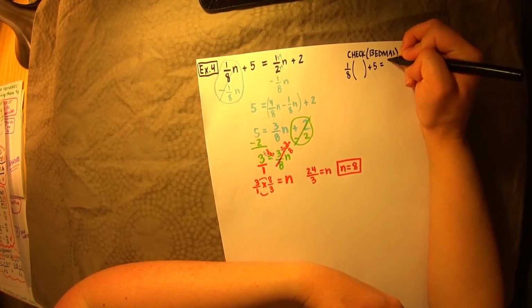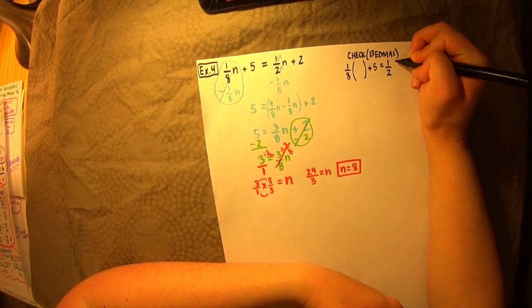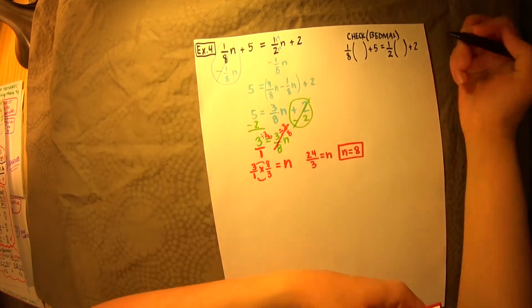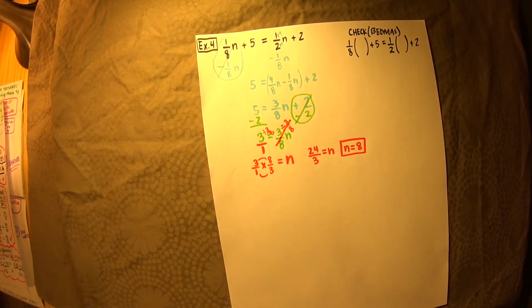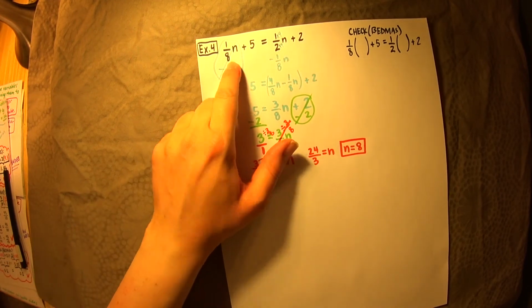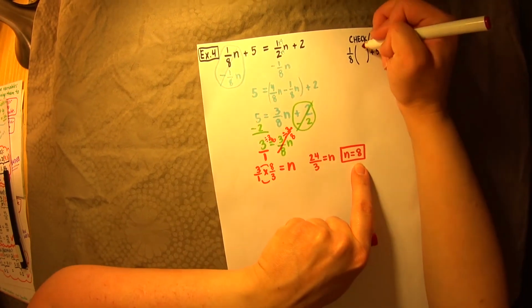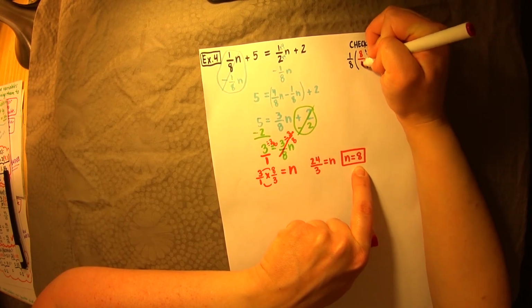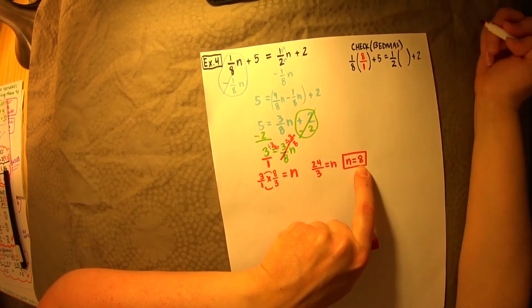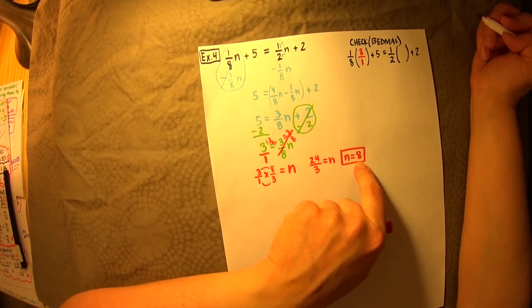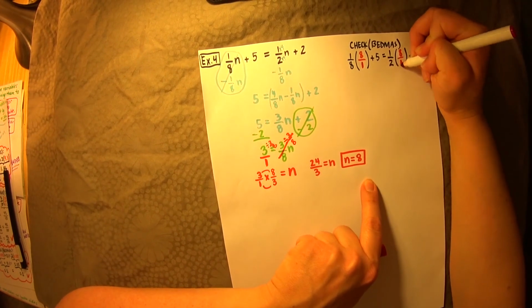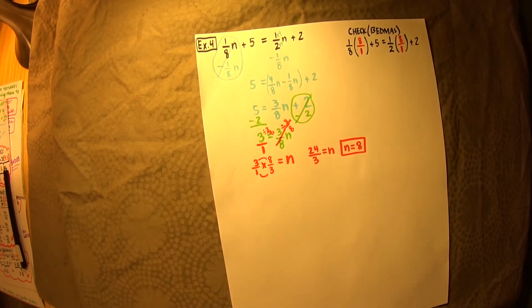Everything else I am just copying straight out. The n that's being times by 1/8, I'm now replacing with 8, and even more specifically, 8 over 1, since I know I'm working with fractions. Same thing here, replace it with 8 over 1.